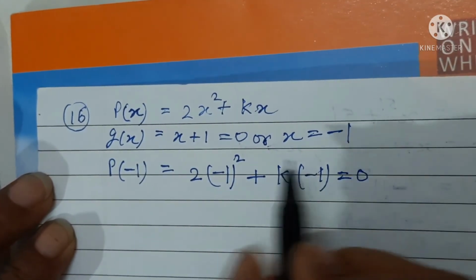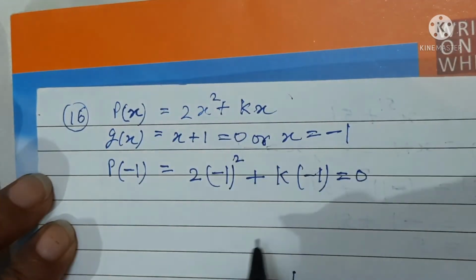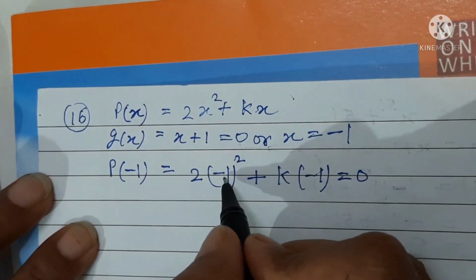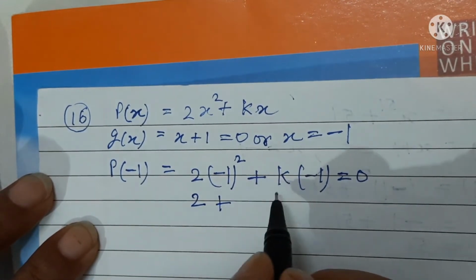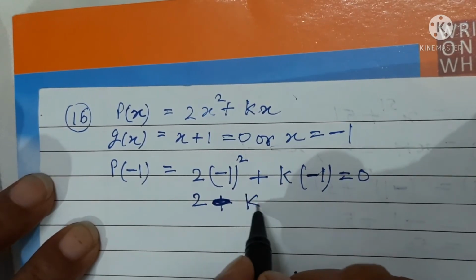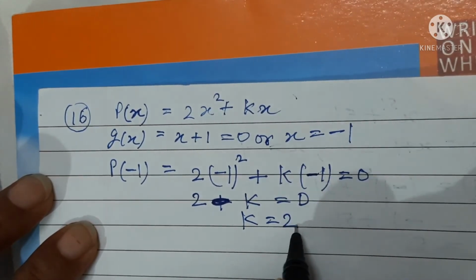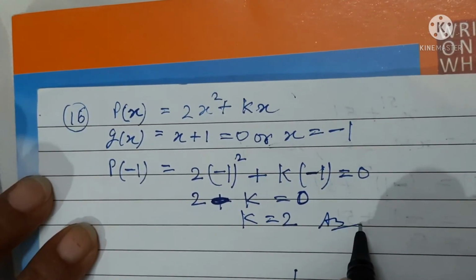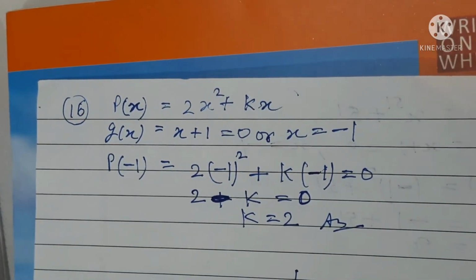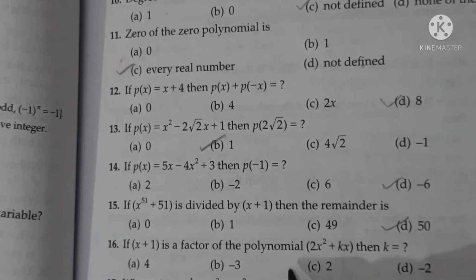This will be 0 because gx is a factor of px. Here this becomes 1, so 2 plus, here this is minus 1, so this sign will be minus k. Minus k is equal to 0, or k is equal to 2. Answer. So in question number 16, option C is correct.